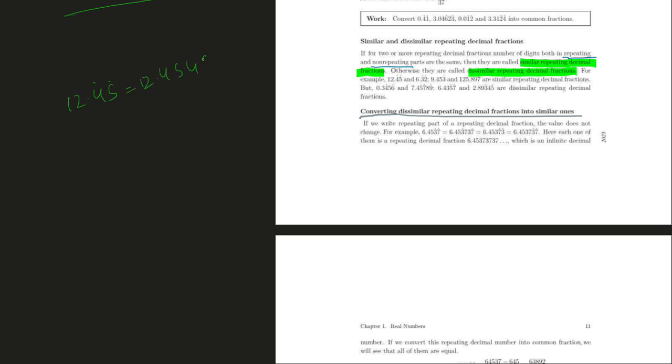So what they're saying is this is similar repeating decimal fractions, where 2 or more repeating decimal fractions have the same number of digits. And for this case, say 0.3456, you'll see that it's a bit different, right? It's 4, 5, 6, 4, 5. These are called dissimilar repeating fractions. Okay.